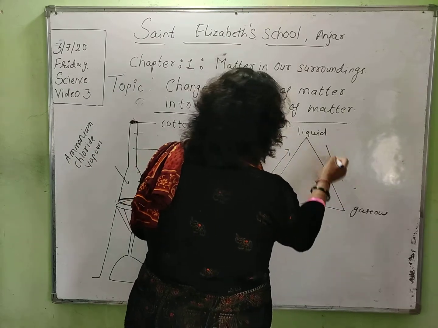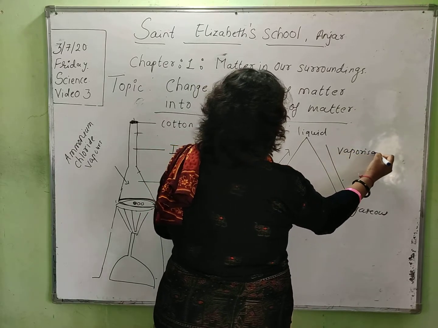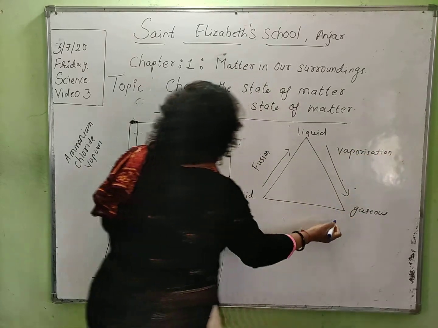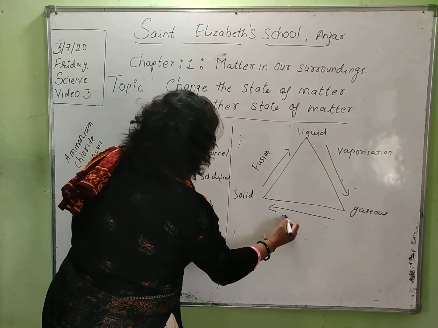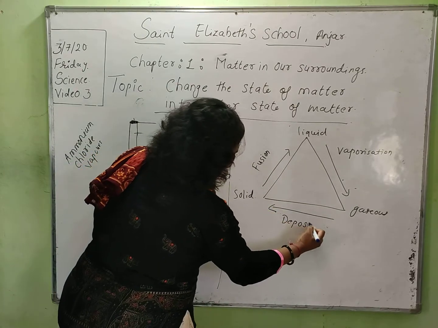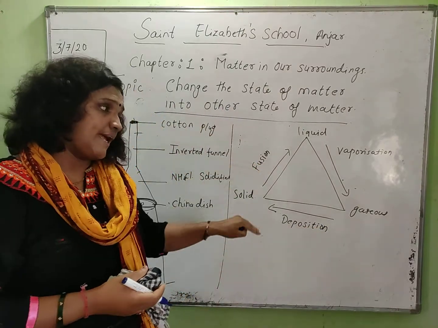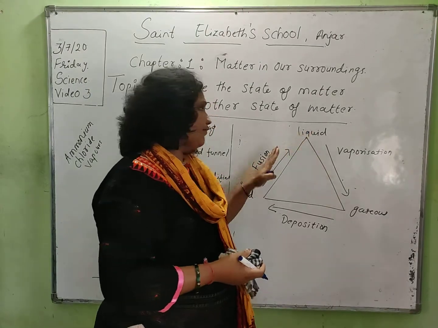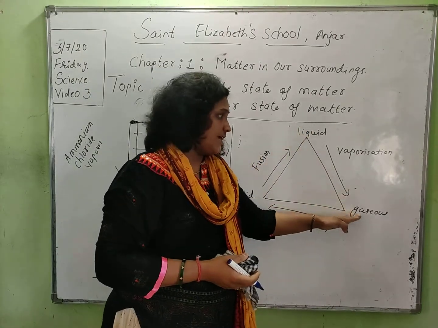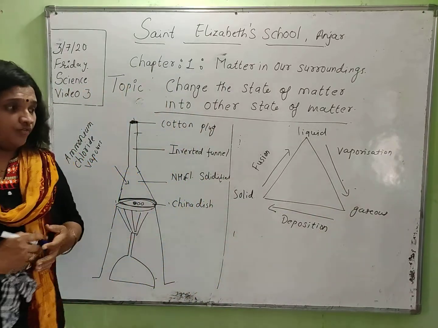Liquid converts into gaseous, that is known as vaporization. And gaseous turns into the solid, that is known as what? Deposition, because when you decrease the temperature, that is deposition. Solid converts into liquid by fusion, liquid converts into gaseous, and again it comes back to the solid form, that is known as deposition.